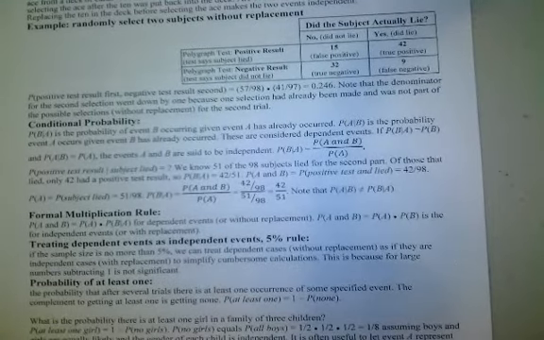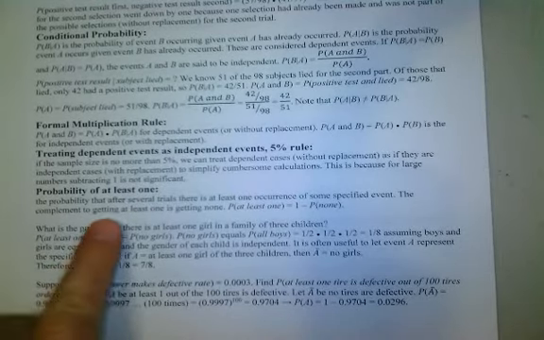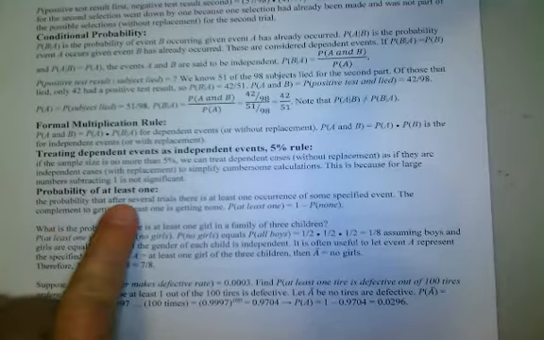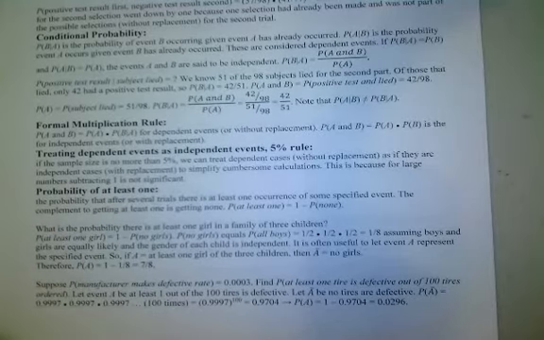All right, then we have the probability of at least 1. Okay, so the idea of the probability of at least 1 is the probability that after several trials, there is at least one occurrence of some specified event. Now, please understand, when we say at least 1, that means it could happen once, twice, 3 times, 4 times, however many times we were running into trials.